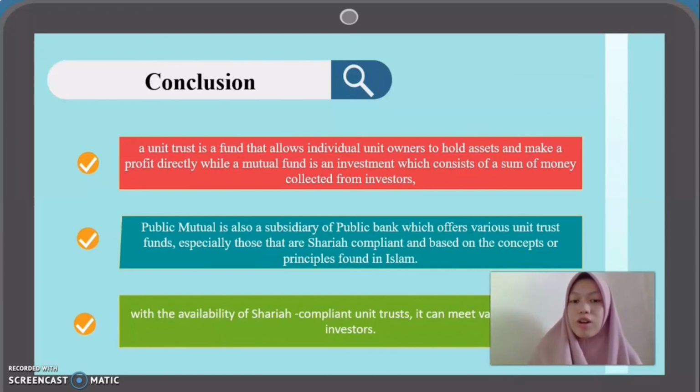In addition, with the availability of Sharia compliant unit trusts, it can meet various needs of investors. Various facilities and advantages are available, such as competitive return, a fairly effective way that can minimize any risk of incident and get optimal return, and so on.